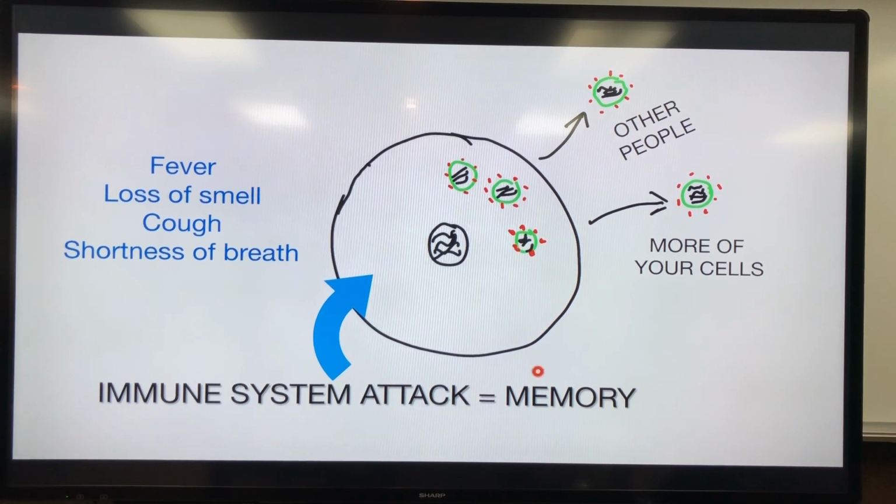And it's really this immune system down here that causes our problems. It's our immune system attacking that virus in our cells to try to get rid of it, sometimes overdoing it, that creates some of the problems, okay? The virus is just trying to reproduce. It's our immune system battling against it that causes a lot of our problems.